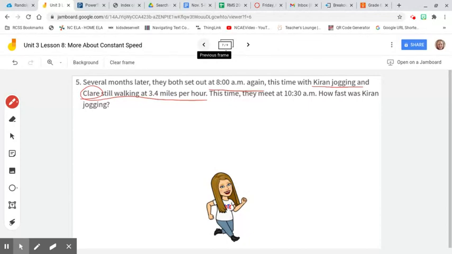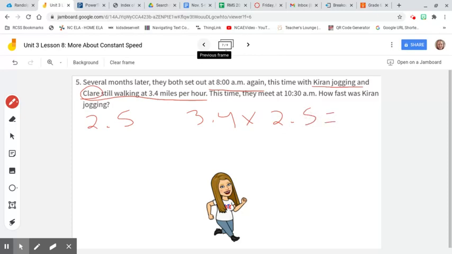So that's 2.5 hours. In 2.5 hours, Claire traveled her 3.4 times the 2.5 hours.